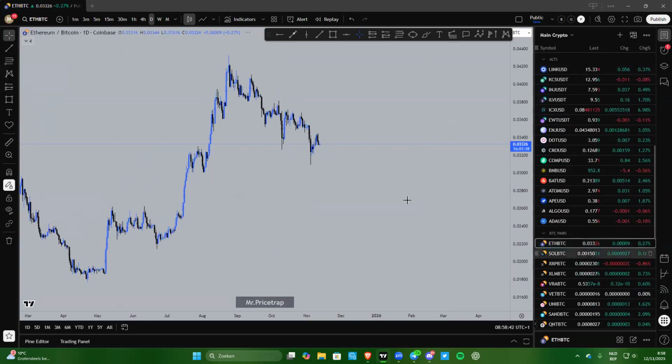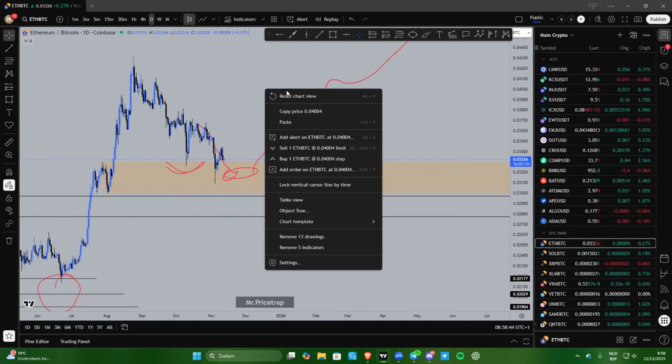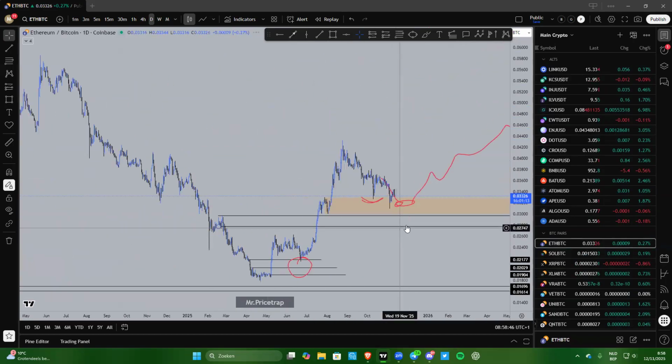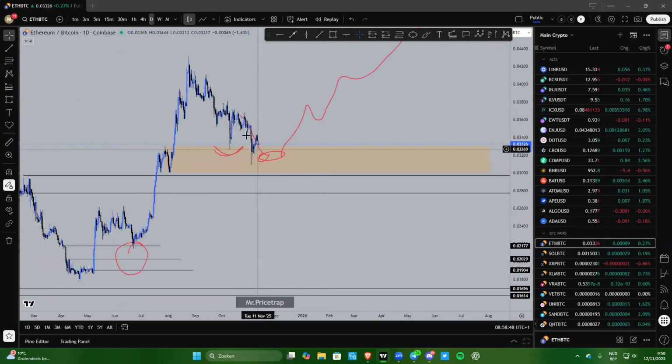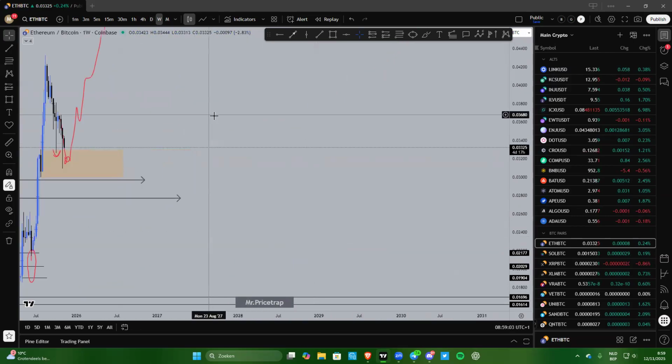Then Ethereum, Bitcoin, and Solana. Bitcoin is also a chart I always review. And like you can see, we are in the zone that I expected to see where the market would go. I was already talking about this zone when the market started trading lower after this massive run. So yeah, it's a long time I'm talking about that zone, and now we are back in that.